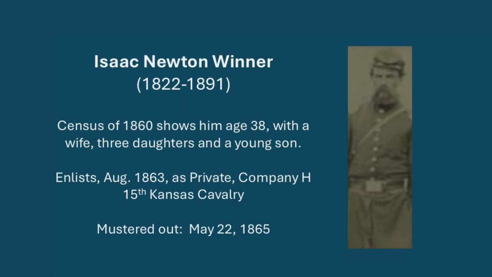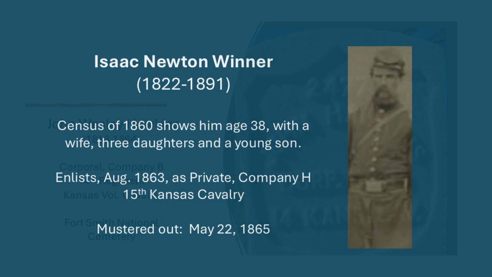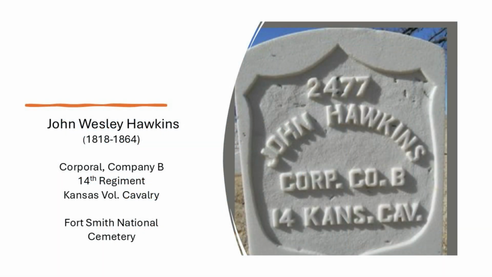Isaac Winner, another farmer, left a wife and 4 children to enlist for nearly 2 years with the 15th Regiment. And John Hawkins, a farmer from Clements, age 45, enlisted in Company B of the 14th Kansas Cavalry, leaving behind a wife and 5 children. He died of disease and is buried at Fort Smith National Cemetery.